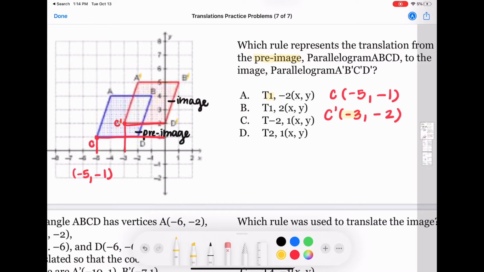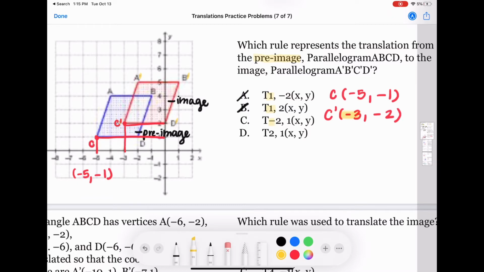Therefore, that is not our answer choice. Let's look at the next option. Here we see that 1 is added. We have already identified that -5 plus 1 is equal to -4 and not -3 as we are looking for. So we can X that one out.